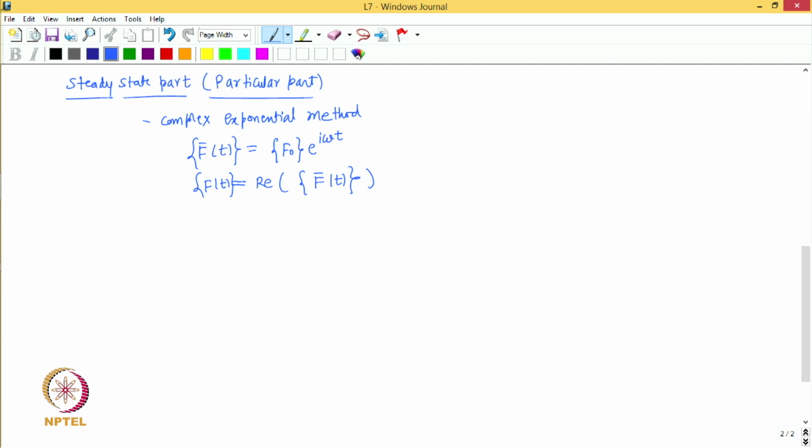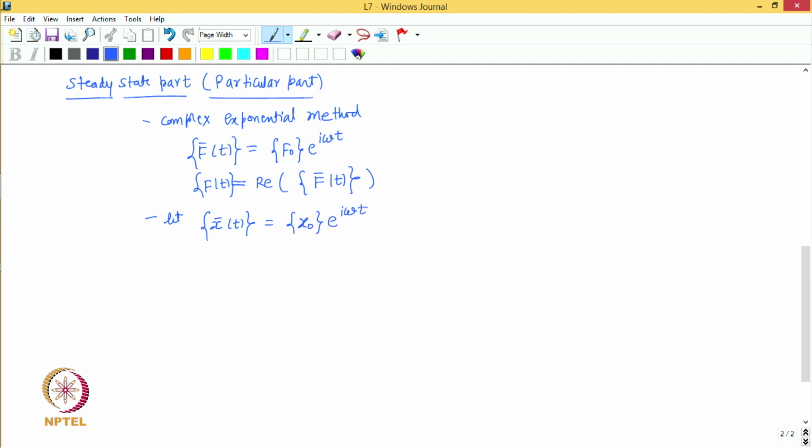Therefore, we determine the response to F bar t, and then the actual response can be determined as the real part of the response. Then we assume that the complex steady state response is equal to say x naught e to the power i omega t. This is what we assume, right.